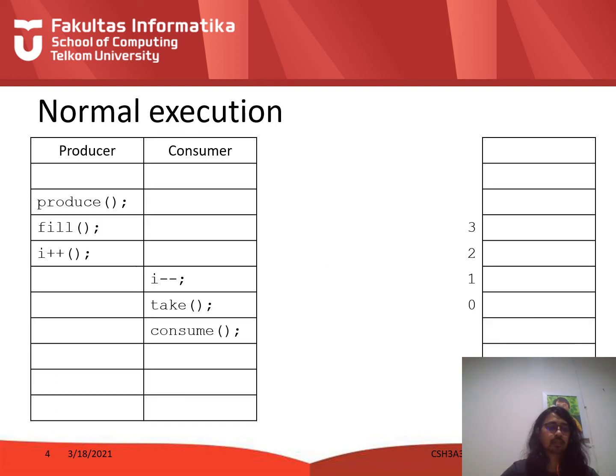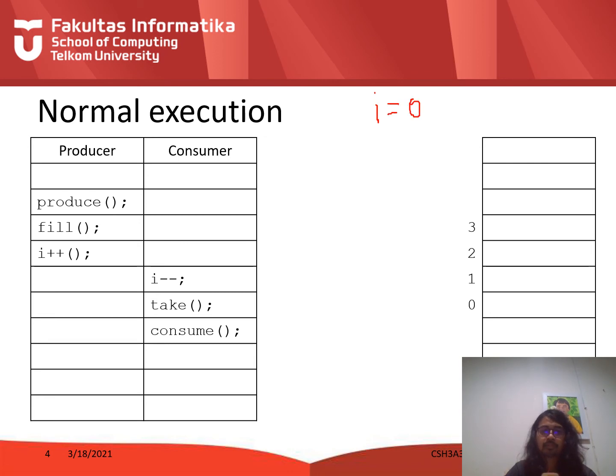And now is the explanation of a normal execution of consumer and producer. So first, the producer goes first. It produces a number here. Don't forget the I is 0.